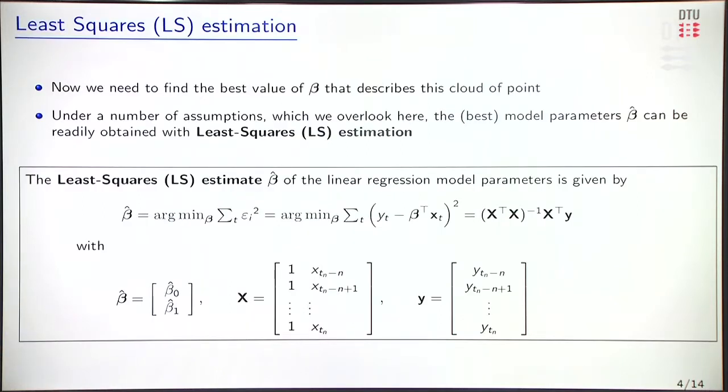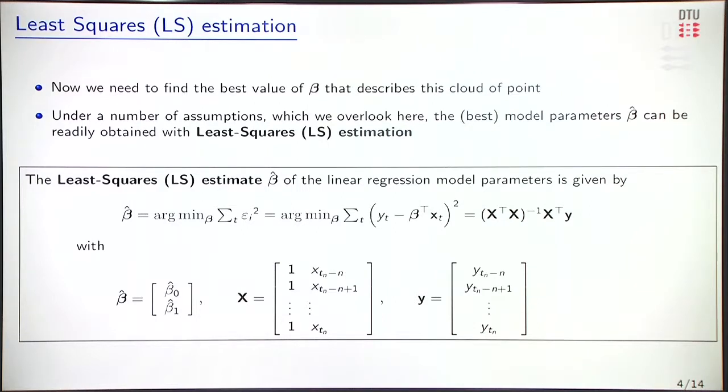When we've established this linear model, we can use least square estimation to find the best value of beta that describes the cloud of points. There are a number of assumptions that we overlook here. You can read in textbooks what the assumptions are for least square estimation applied to linear regression.